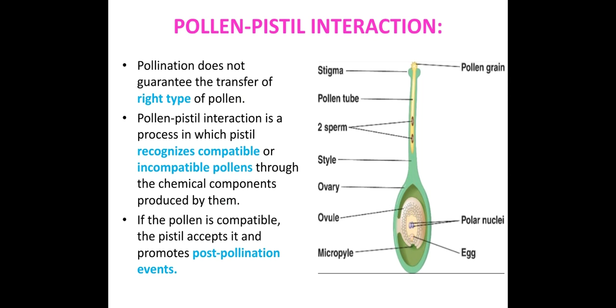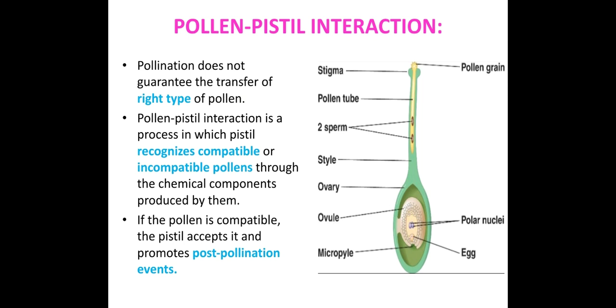Here pollen pistil interaction is a process in which the pistil recognizes compatible or incompatible pollens through the chemical components produced by them. What is the pistil? It is also called gynoecium or carpel. It is the female reproductive part of the flower. It produces some chemicals.